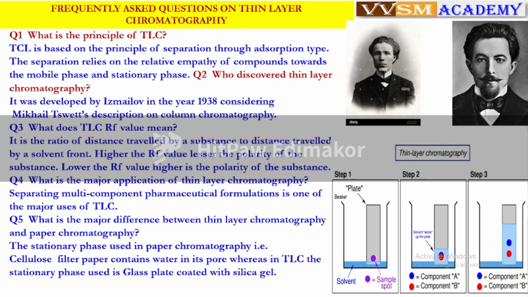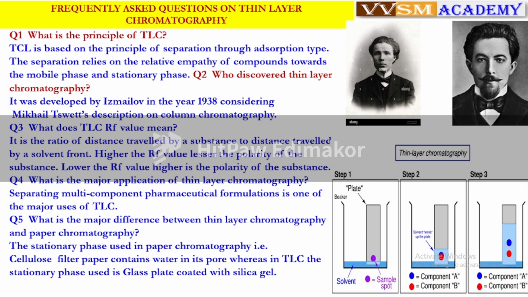Principle: it is based on the adsorption type, the separation is based on the relative affinity of compounds towards the mobile phase and stationary phase. Who discovered thin layer chromatography?